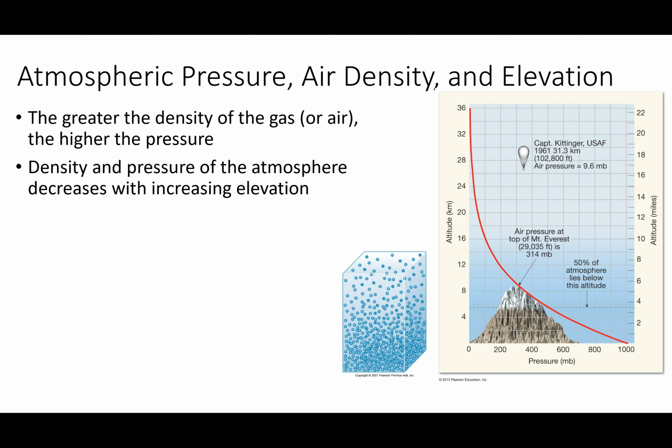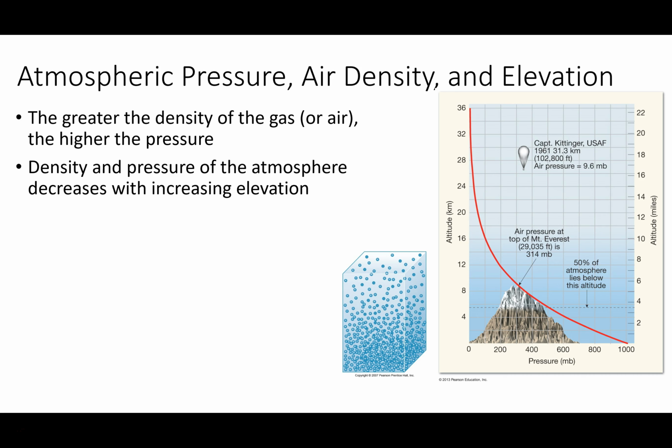This box is showing you the same thing. These are gas particles, and you can see the density of the gas particles at lower elevations is greater. At upper elevations, the density of gas particles is less. As you climb a mountain, you still have the 80-20 mixture of nitrogen and oxygen, but you just have less air in general, less gas particles.